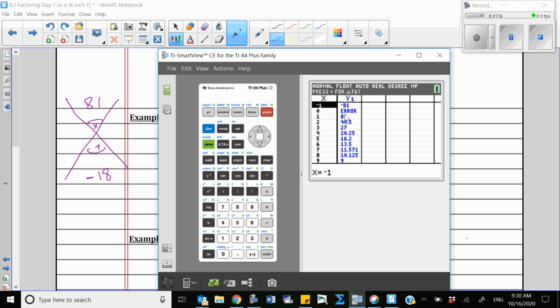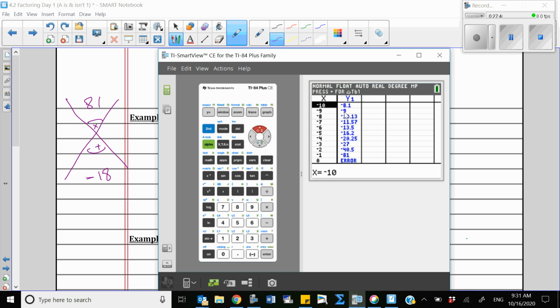Then what are those two numbers? Well, because they should add up to negative 18, there is nothing here that adds up to negative 18. None of these add up to negative 18. So let's go to the top and see if there's any negative number that I can use for negative 18. Negative 1 and negative 81, no. This one, negative 3 and negative 27, no. And these are all decimals, so I ignore them.